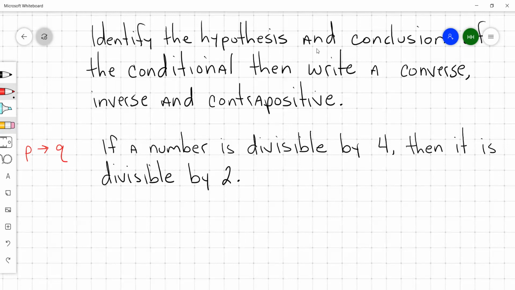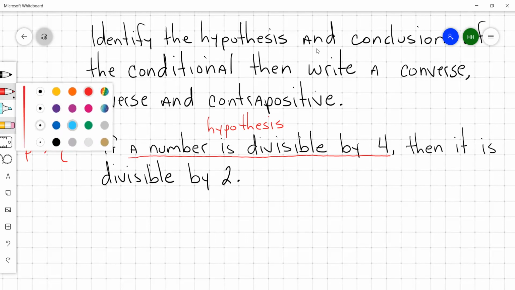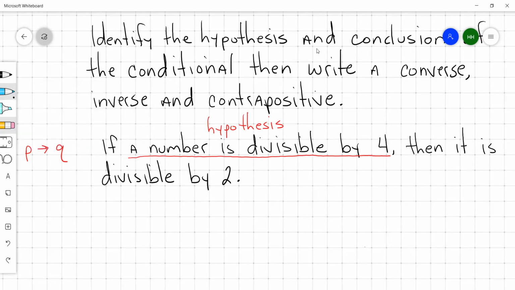In this case, you're asked to identify the hypothesis. The hypothesis is what follows the word if. So this right here is the hypothesis. The conclusion follows the word then. So this, the number is divisible by 2, that's called the conclusion.